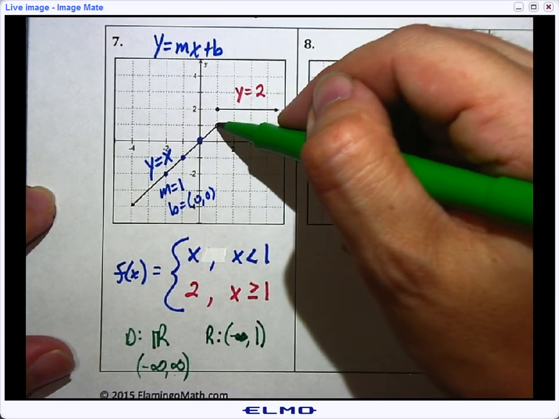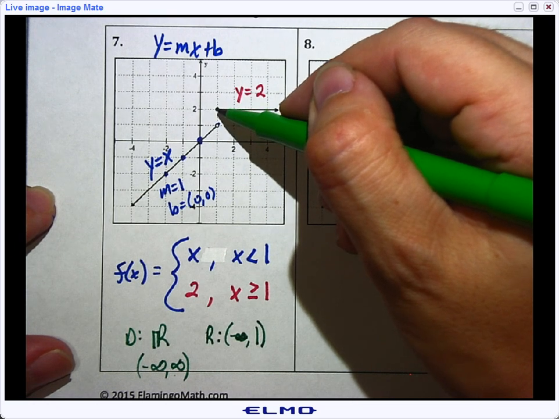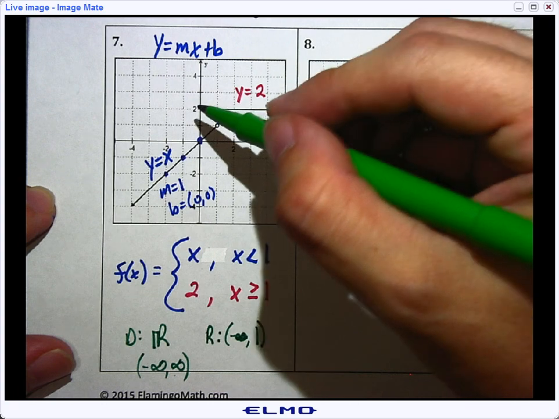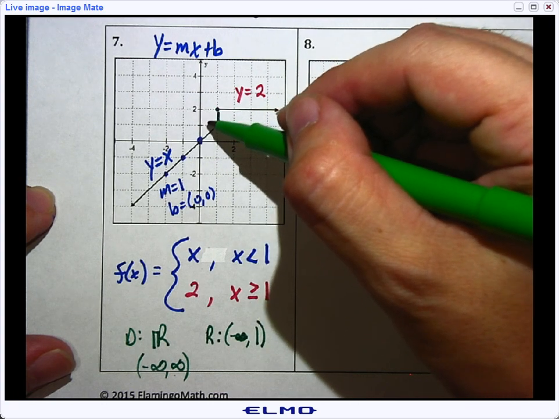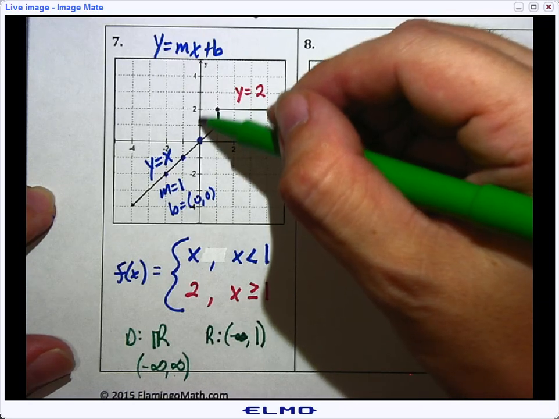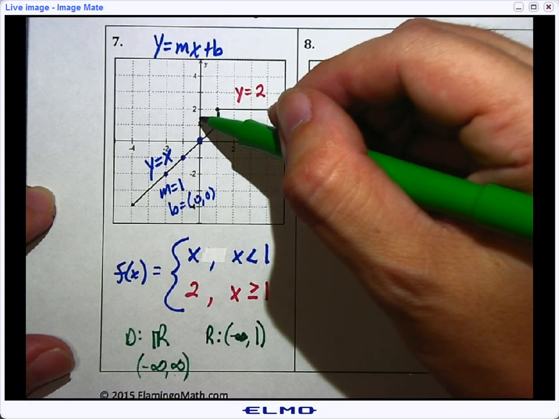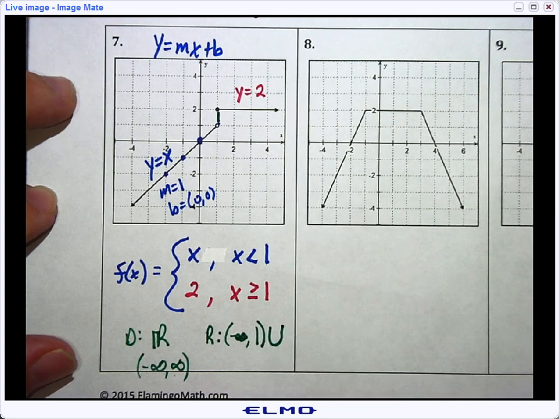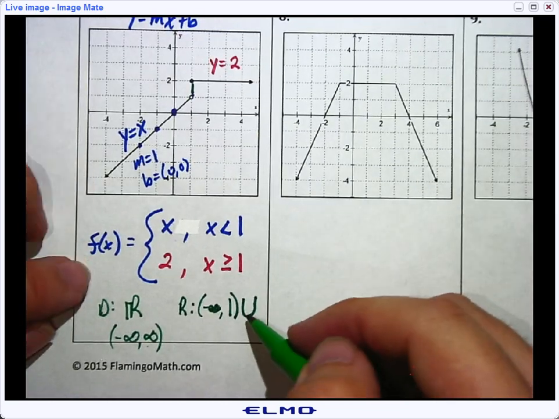Notice I jump from here to here, meaning between these 2 points right here, there are no y values. There's no part on my graph that's going to have a y value between 1 and 2. So we use the union symbol. This just means I have another part.